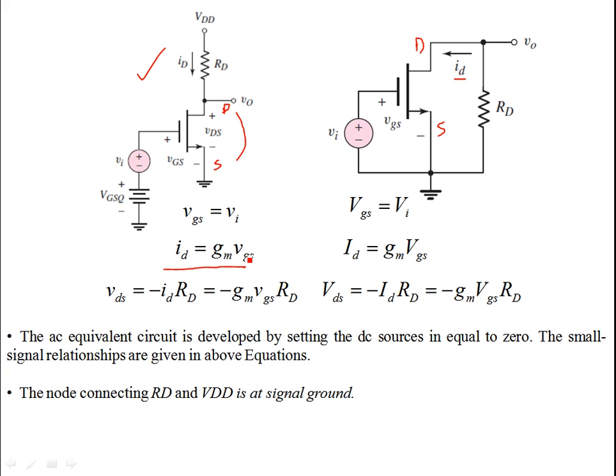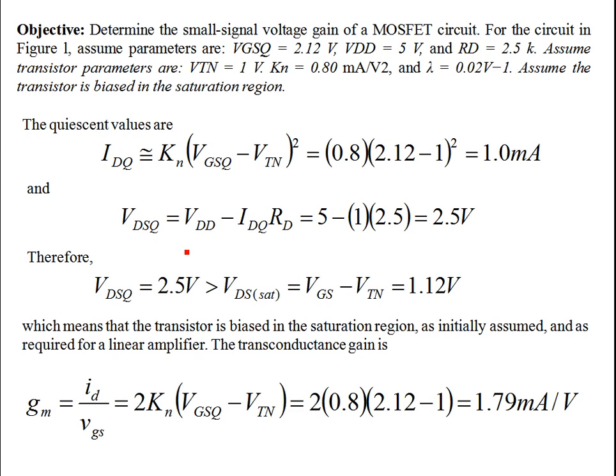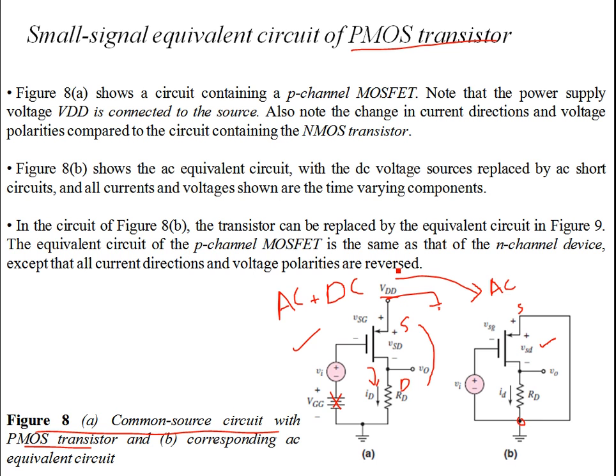With the transconductance gain, the input is still the voltage and the output is the current, with the exception that in the PMOS device the direction of current is reversed. So that's all. What you do is you substitute the small signal model in this circuit, and you have the full-blown AC equivalent.